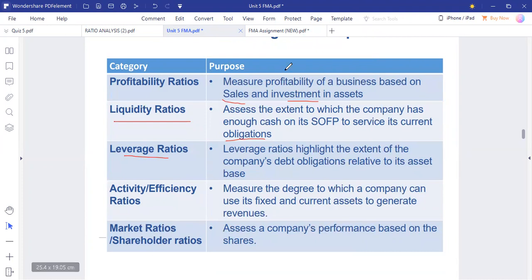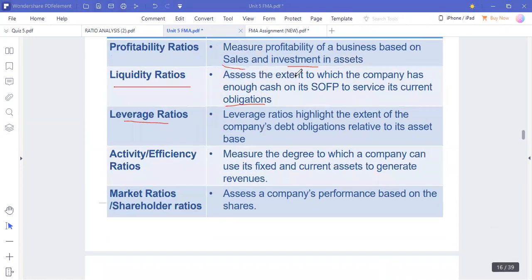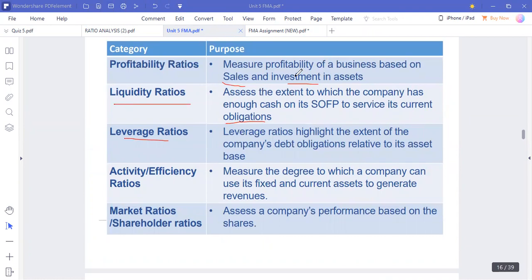These ones are pertaining to the owners of the businesses who want to see how you are faring in terms of the investment. Remember, we talked about users of financial accounting information being internal and external. Can you quickly remind me, who are the internal users of financial accounting information? The managers and the workers.